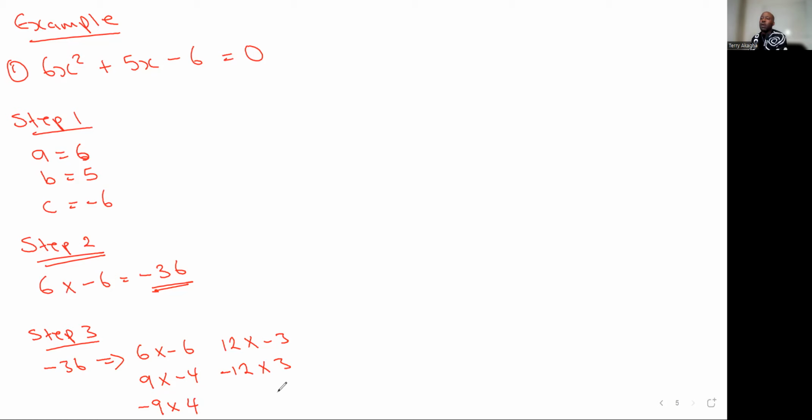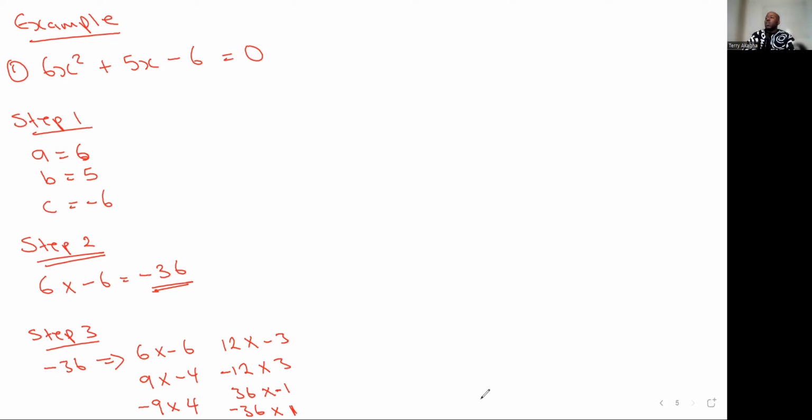We can also add one more to this. We can have 36 times minus 1, which gives us minus 36, and we can also have minus 36 and 1.